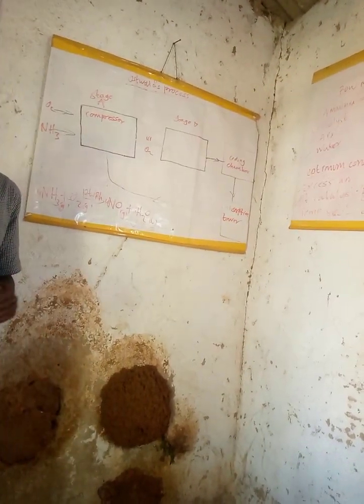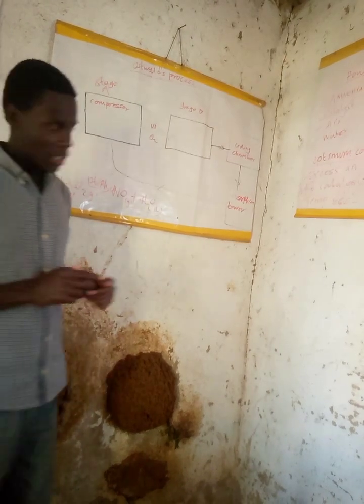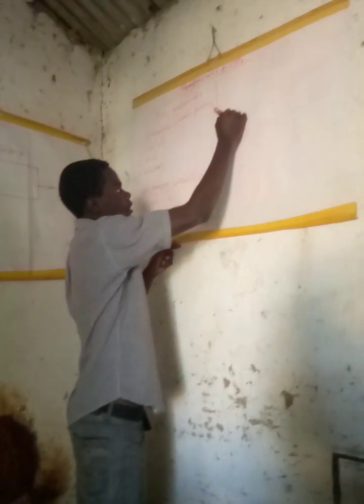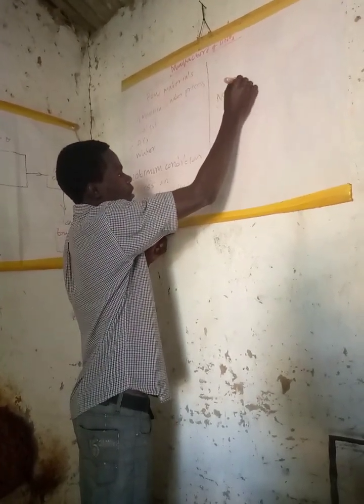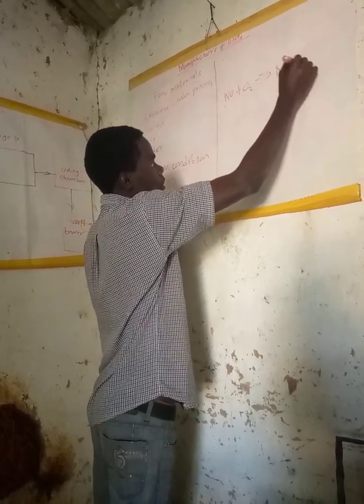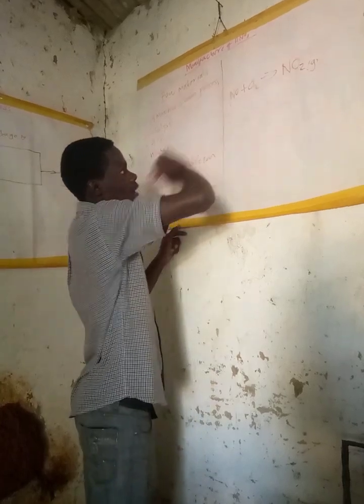So the equation that you are going to write is nitrogen oxide plus oxygen to form nitrogen dioxide.